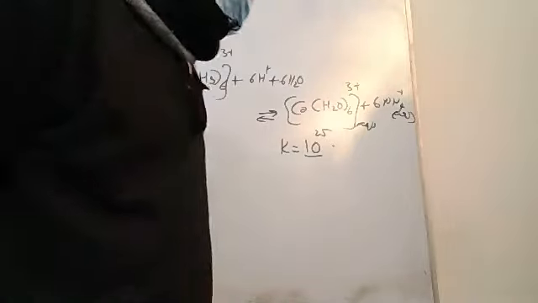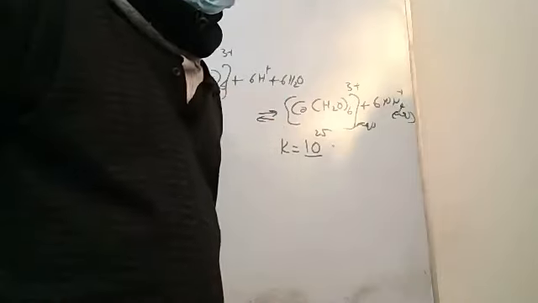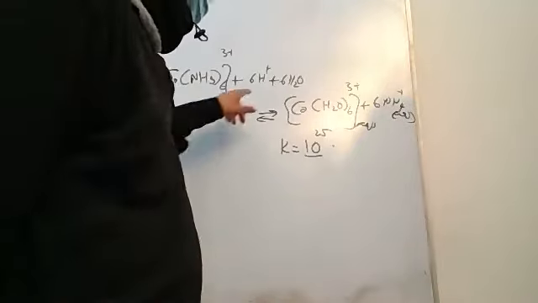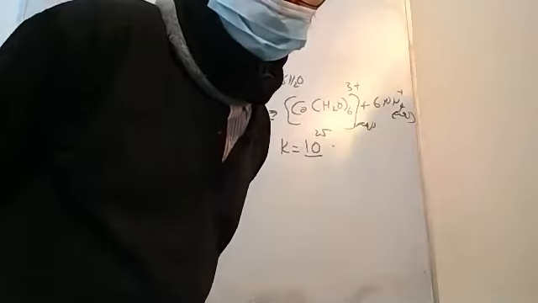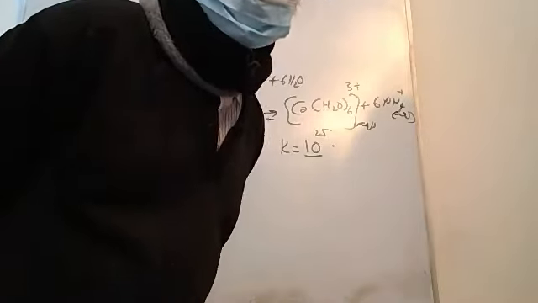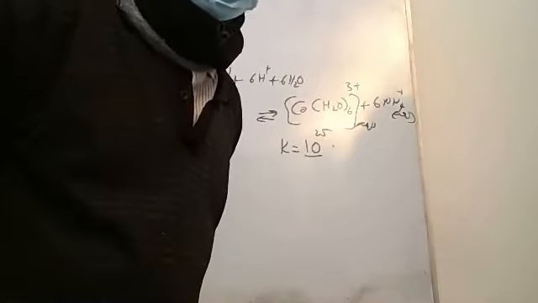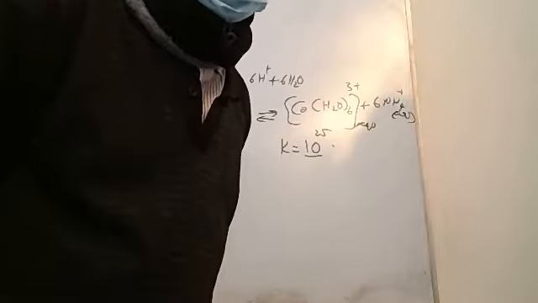Okay, guess what now? If you were to do this reaction in the lab, although the reaction is spontaneous, it will not happen instantaneously. Watch my words, spontaneous and instantaneous. Spontaneous means it is bound to happen, but there is no time frame for that to happen.